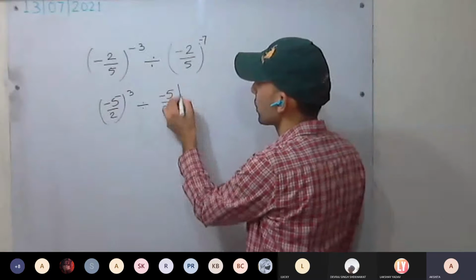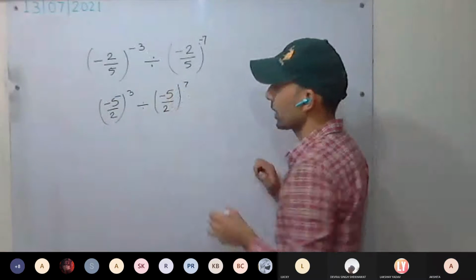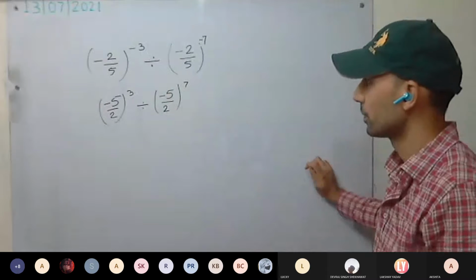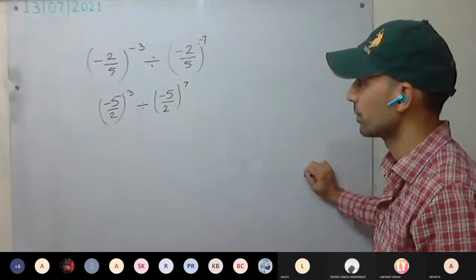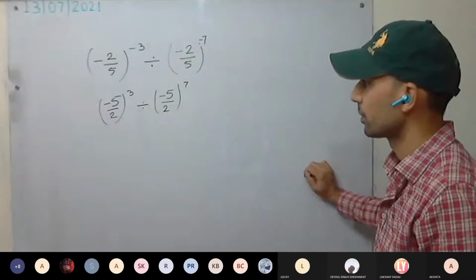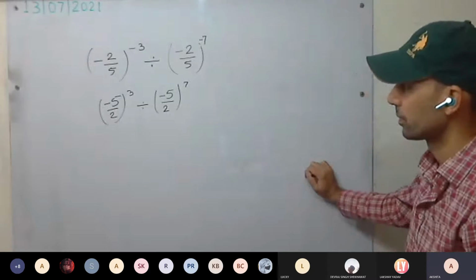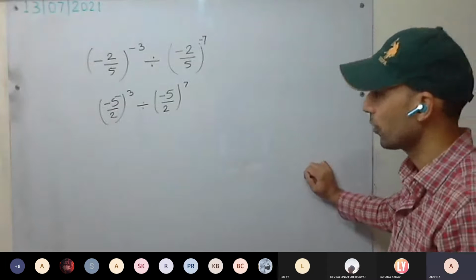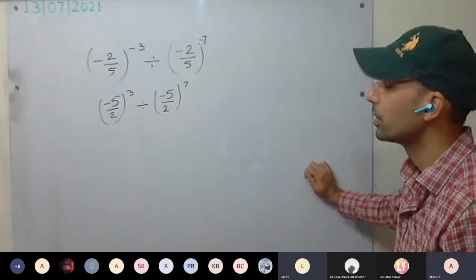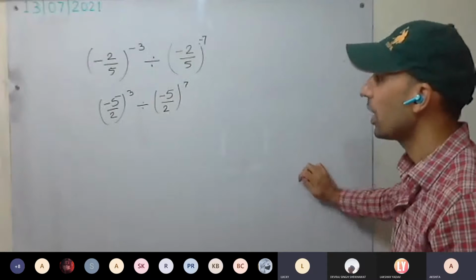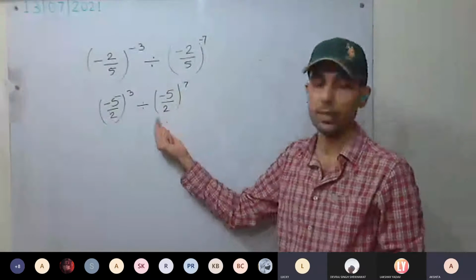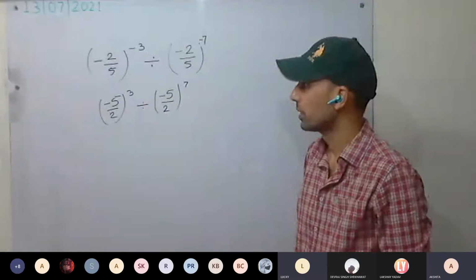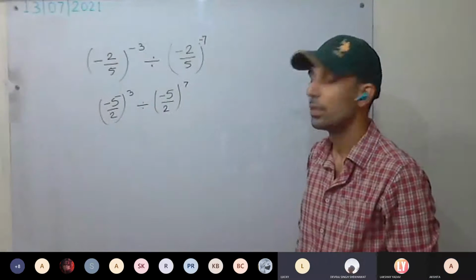Raised to power 7. Now what to do? Minus 125 upon... What do we have to do now? Sir, it's division, we will... Sir, we can minus the power.